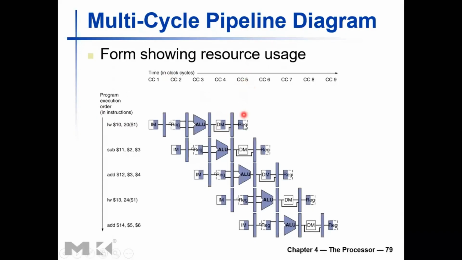In say clock cycle 5, a lot of different things happen in parallel in these 5 stages for 5 different instructions, right? So just as I told you before, the shading of the right hand and left hand side indicates whether you are reading or writing. Right hand side meaning reading instruction memory here, reading register file here. This is writing registers, right?